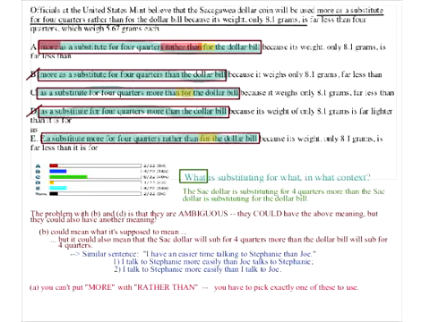You either say it's going to be used as a substitute for 4 quarters rather than for the dollar bill, or more as a substitute for 4 quarters than for the dollar bill. So like "more for X than for Y," that's okay. If you say "for X rather than for Y," that's okay. But both of these is not okay.